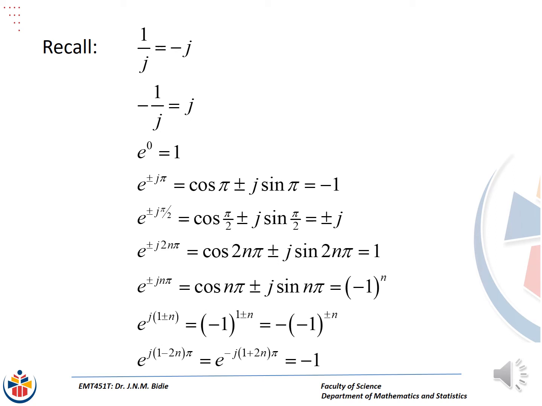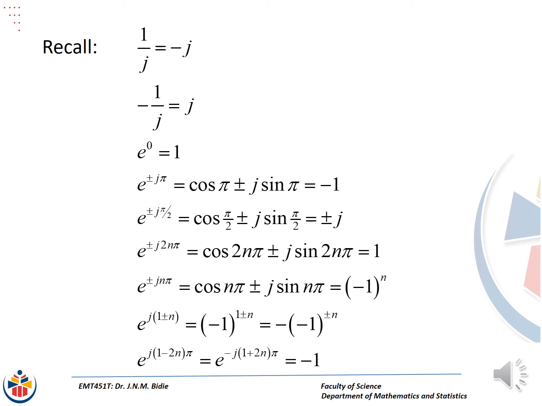And then Euler's formula, recalling that cos pi always gives us -1, but sin pi is 0. So the answer is -1. Whether we're adding or subtracting, sin pi is 0. And then cos pi over 2 is 0, and sin pi over 2 is 1. Hence, the answer is plus minus j.